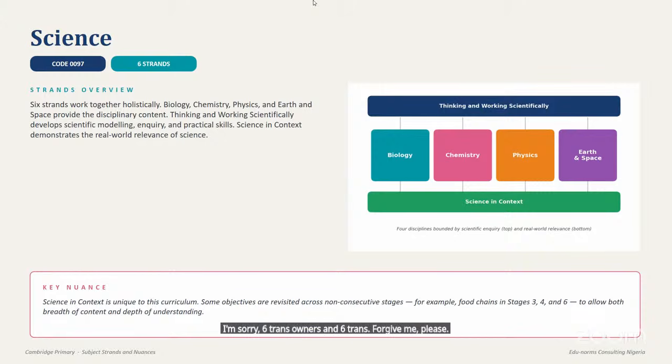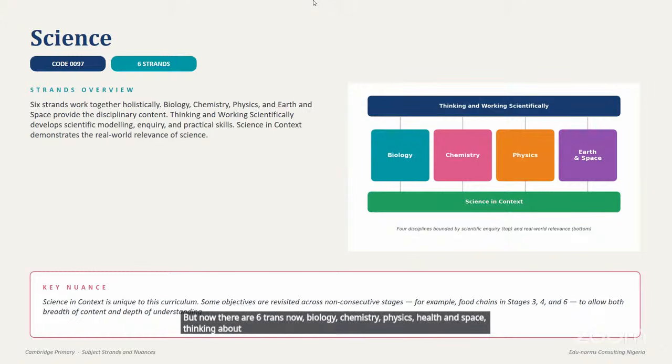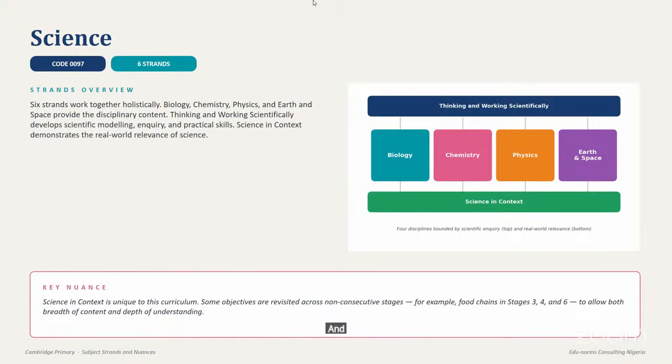Before there were only 4: biology, chemistry, physics, and then science in context. But now there are 6 strands: biology, chemistry, physics, earth and space, thinking and working scientifically, and then science in context. Yes, I remember now.